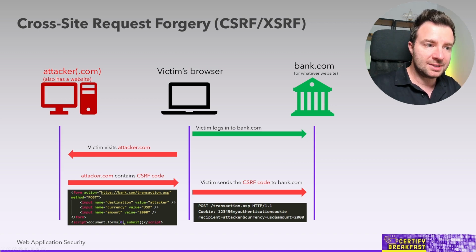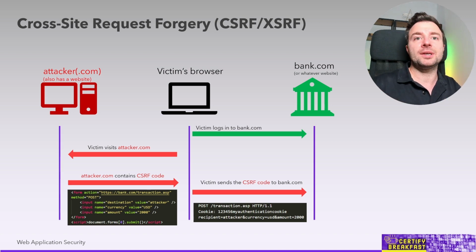Now, when the browser sees the submit JavaScript function in here, it's going to attempt to submit it to a real banking website with the dollar amount that was supposed to be transferred into the attacker's account, and then it's going to execute this code based on the already authenticated session that is already available within the victim's browser.